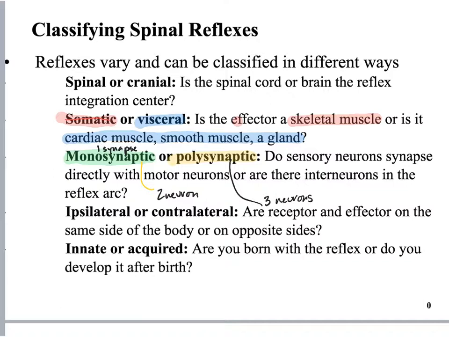Then you have monosynaptic versus polysynaptic. Ipsilateral or contralateral? Ipsilateral means it's on the same side. Contralateral, opposite sides. And is it innate or acquired? Are you born with the reflex, or do you learn it after birth? Do you acquire that?